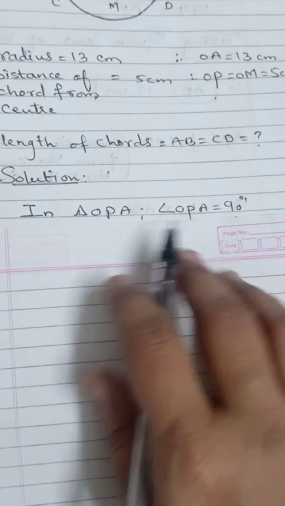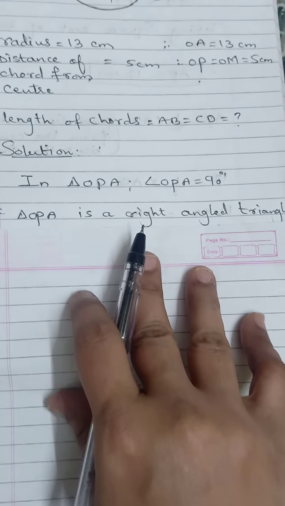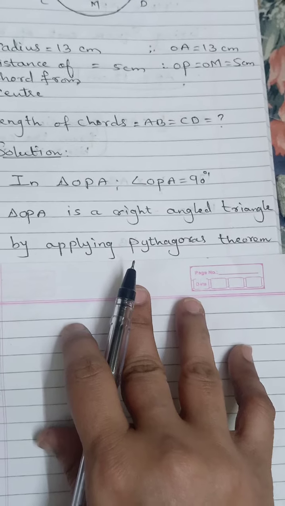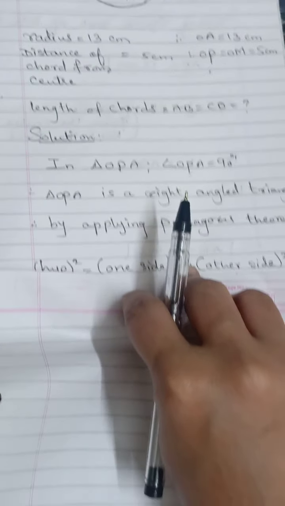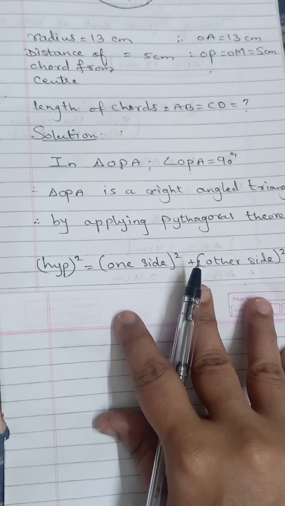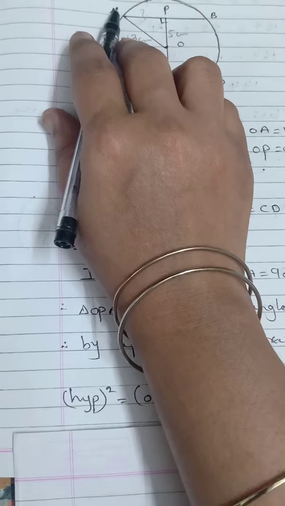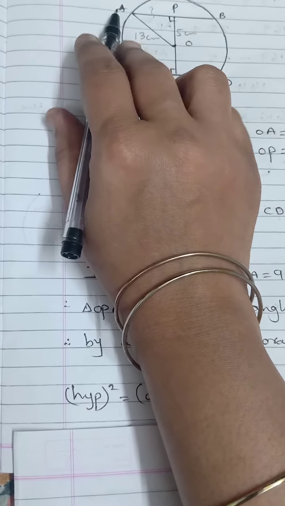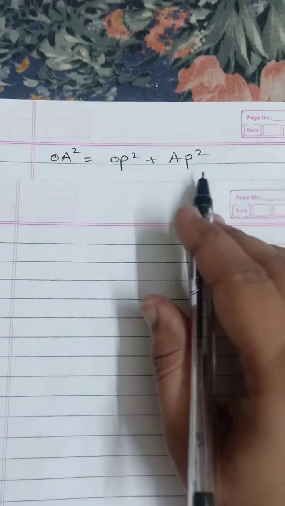Because of this 90 degree, the triangle is a right angle triangle. If the triangle is a right angle triangle, we can apply the Pythagoras theorem. The statement of Pythagoras theorem is hypotenuse square is equal to one side square plus other side square. Hypotenuse is OA, one side is OP, other side is AP. So here OA square is equal to OP square plus AP square.